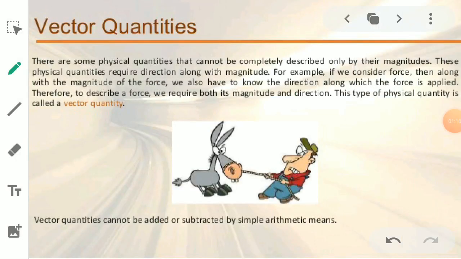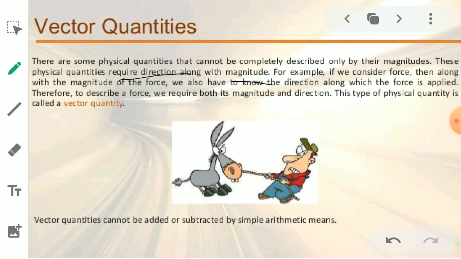Now in case of a vector quantity, the physical quantity requires direction along with the magnitude. For example, if we consider force, then along with the magnitude of the force, we also know the direction along which the force is applied. Suppose you are pushing a table, so you are applying a force on it. You know the value, the magnitude of the force you are applying on that particular table, as well as the direction in which the table moves.